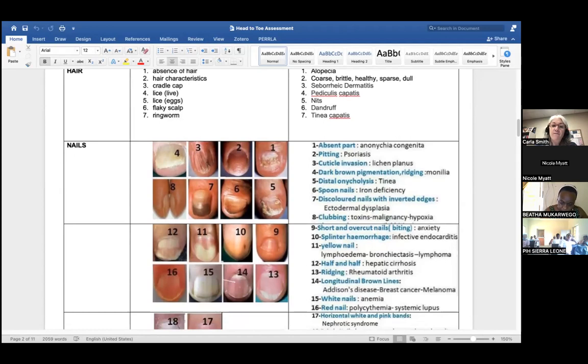Looking at fingernails. Fingernails can actually tell you a lot about your client's condition and if there's any underlying disorders. It's a nice little visual chart here to notice some differences in fingernails.